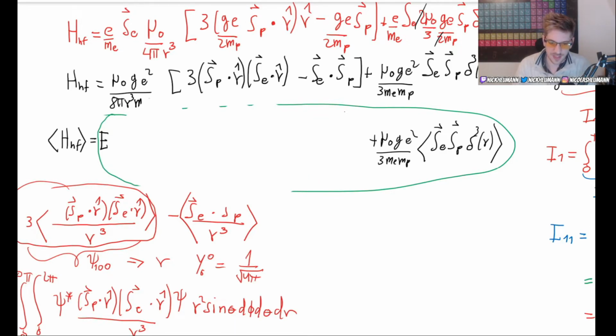So this entire thing is simply what we have there, which is mu naught g e squared over 3 me mp, and then the expectation value of all of these things.